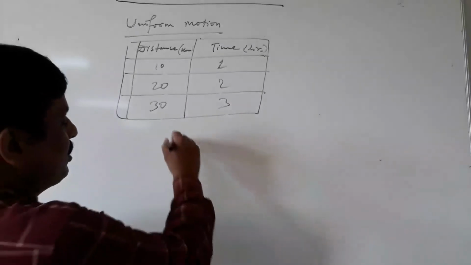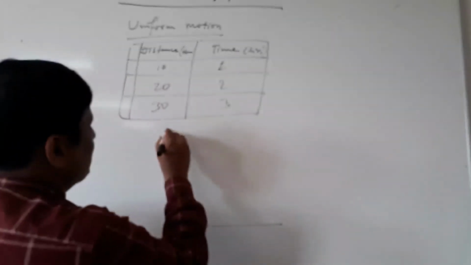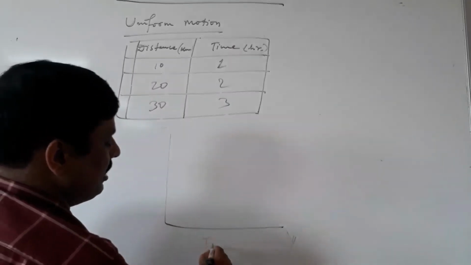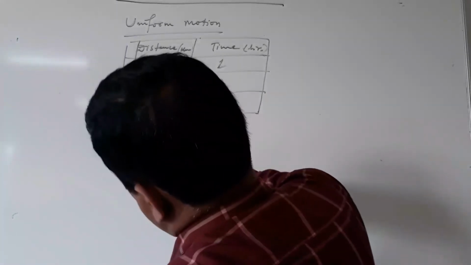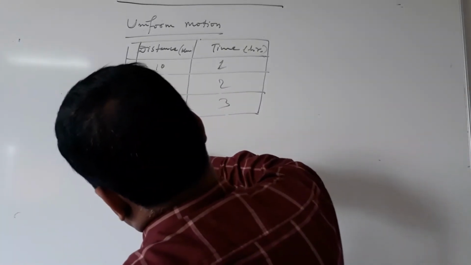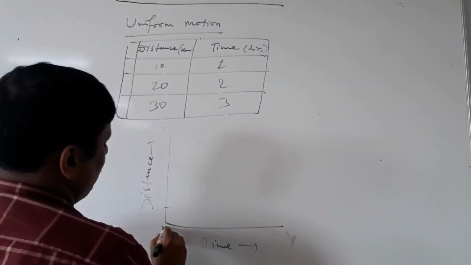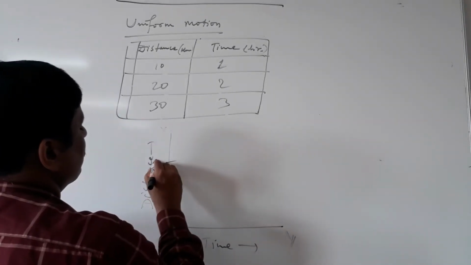This shows that what? The line. First you draw x-axis, this is y-axis. This side you write time, this side you write distance. Here distance, here 10, 20, 30.